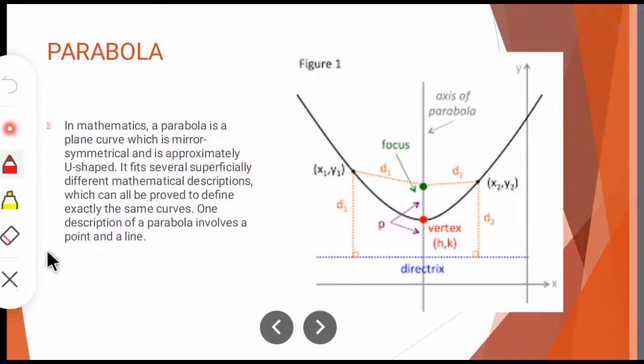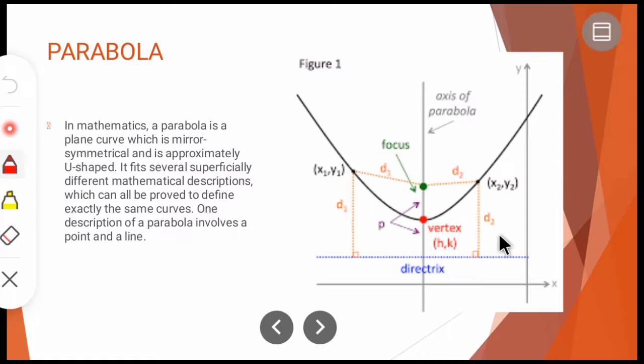So now, what is a parabola? In mathematics, the parabola is a plane curve which is mirror-symmetrical and approximately U-shaped. It fits several superficially different mathematical descriptions, which can all be proved to define exactly the same curves. One description of a parabola involves a point and a line.